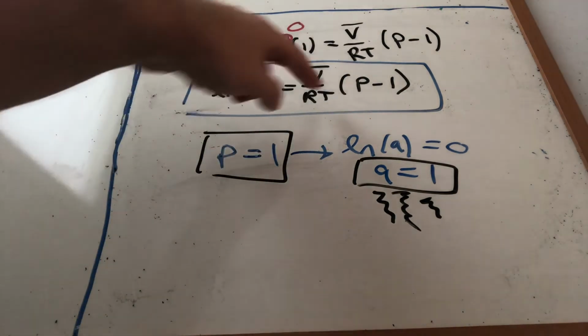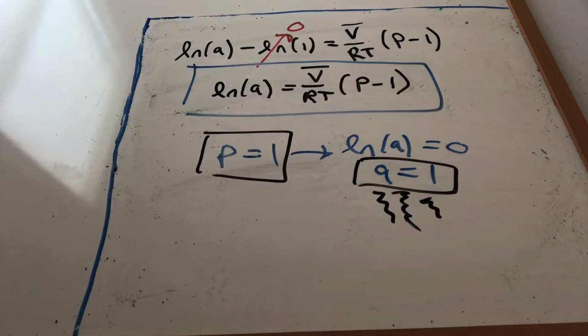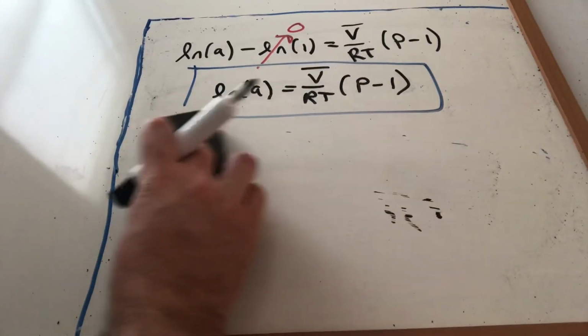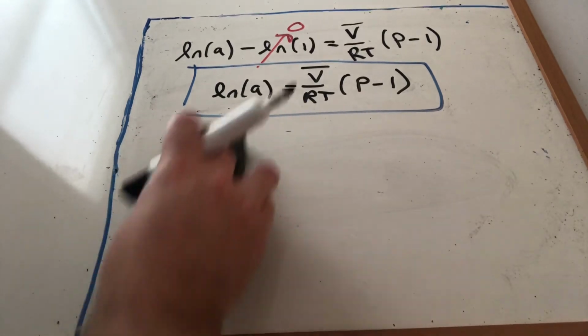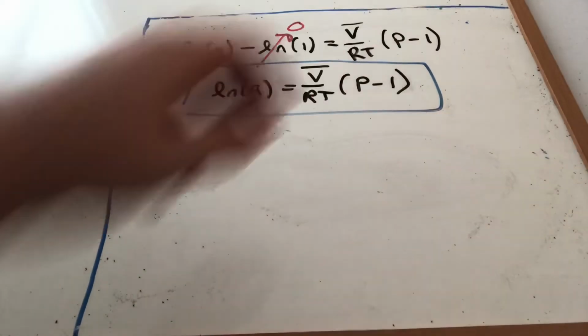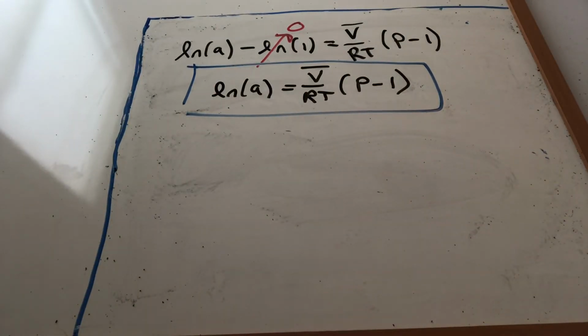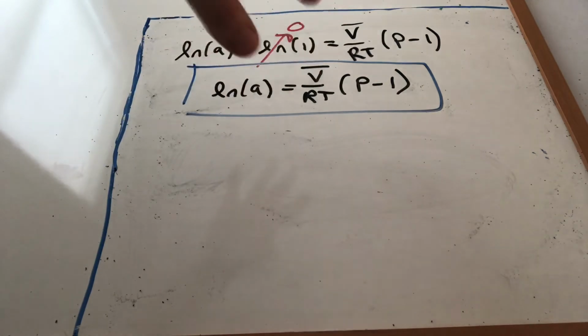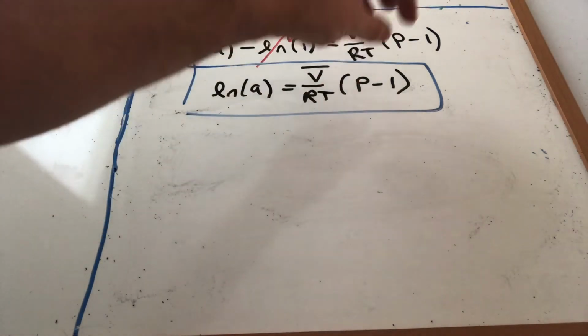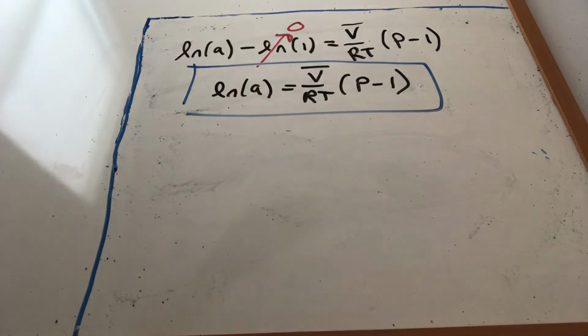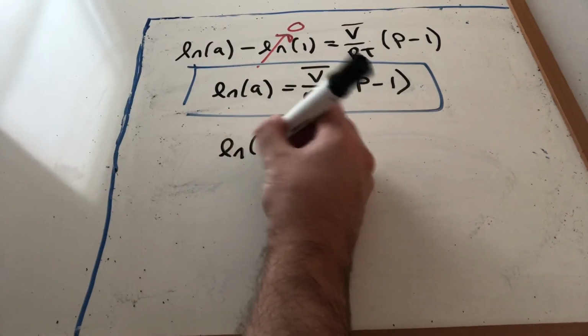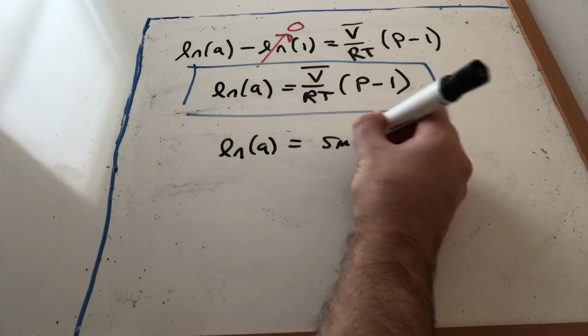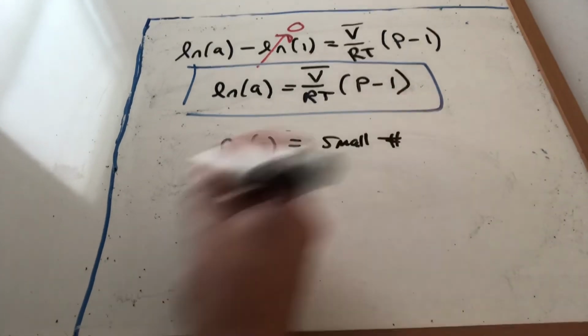So now, if you think about what has to happen here, you actually have to get pretty big pressures for this side to deviate very far away from 0. It turns out that this molar volume term keeps this small, except for extreme pressures. And so if I have the natural log of a equals a small number, how do I solve for a?